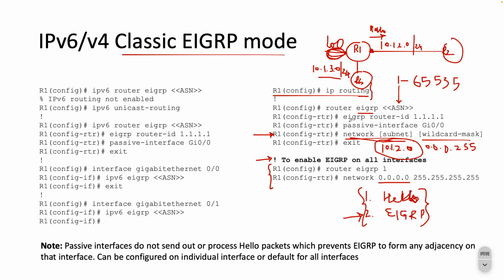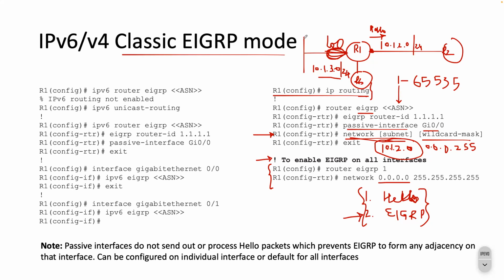So we can define it as a passive interface. Passive is nothing but you want to say that do not send any hello packets on this particular interface. But that network will be advertised in EIGRP. Correct. And it can also be used, let's say, on your LAN interface.